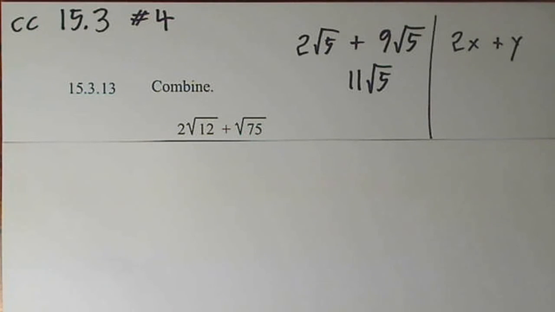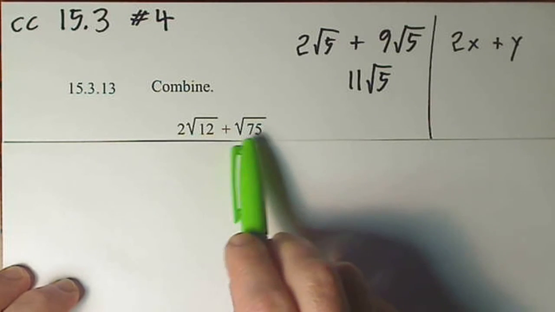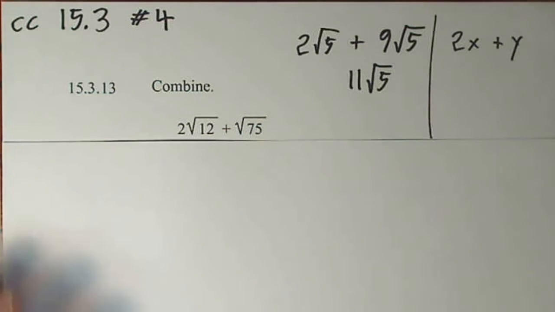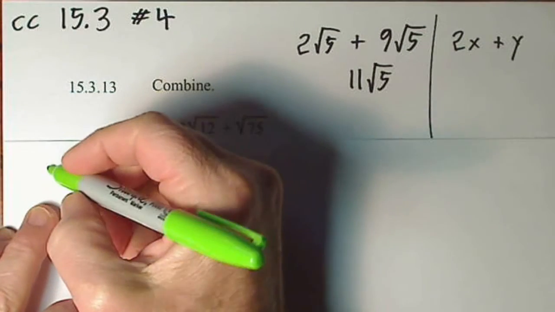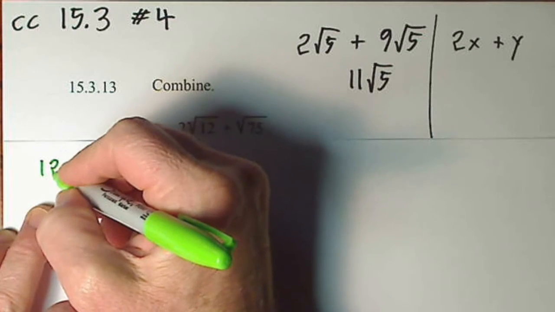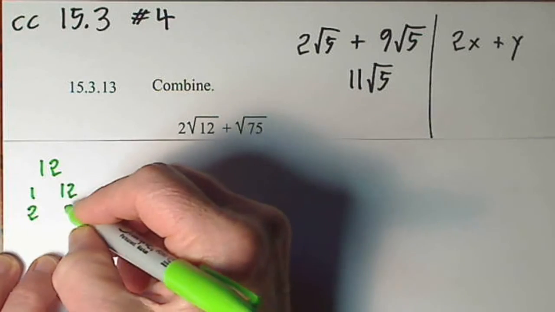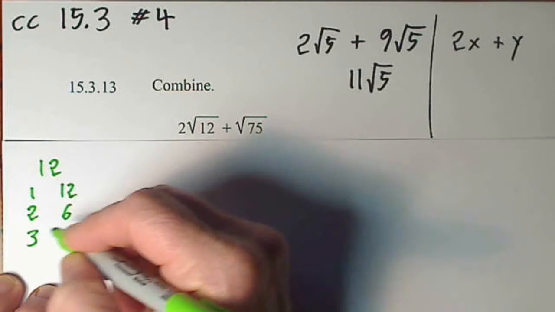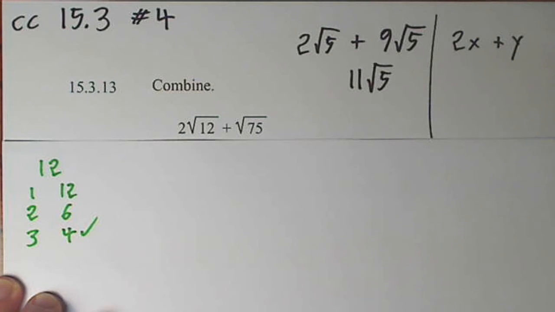see if we can pull out any perfect squares from these and see if what's left leaves us with like radical terms. Okay. First we'll focus on this 12. If you look at the number 12 and consider all the factors, 1 and 12, 2 and 6, 3 and 4, you have a perfect square in 4.